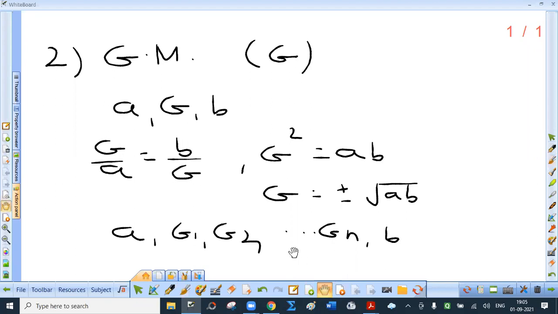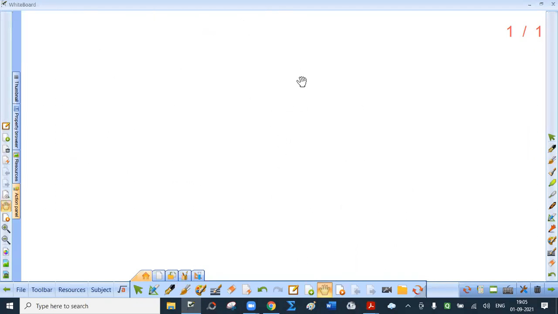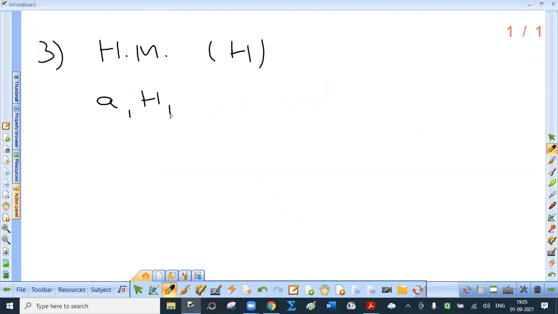Okay. Now, the third one is harmonic mean. Now, you have to answer this question. Basically, harmonic mean HM is denoted by capital H. So, if A, H, B, what are the restrictions on A and B?